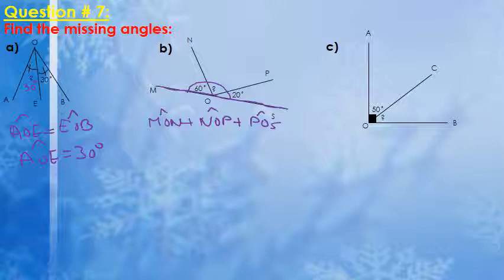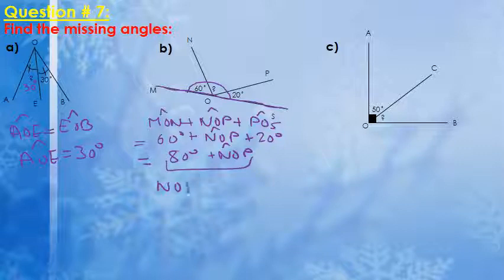MON is 60 degrees, NOP is the missing angle, and POS is 20 degrees. So 60 plus 20 is 80 degrees plus NOP. All the angles are equal to 180 degrees, so NOP is equal to 180 degrees minus 80 degrees. NOP is equal to 100 degrees, so this angle should be 100 degrees.